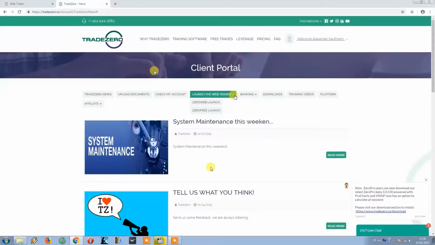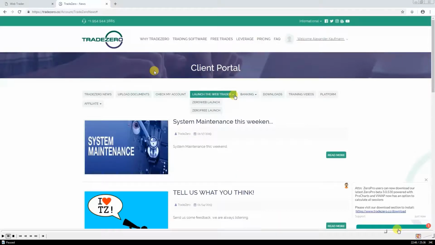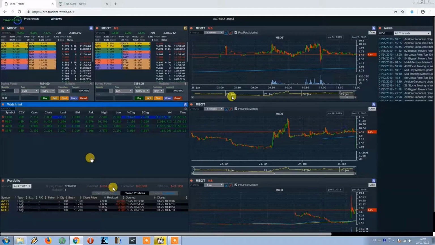Okay, last point on my schedule that I really want to talk about is my platform, Trade Zero. Now, what you can see here is the browser-based version of this. There is a software where you can imagine this one in a window, and you can spread the window across several monitors, and you can have as many charts and level 2 windows as you want open in that software, which is very useful.